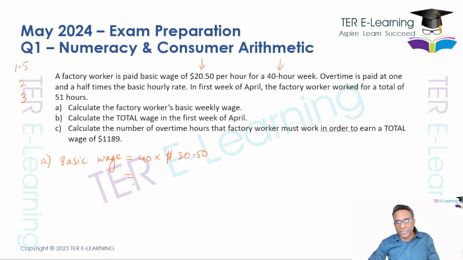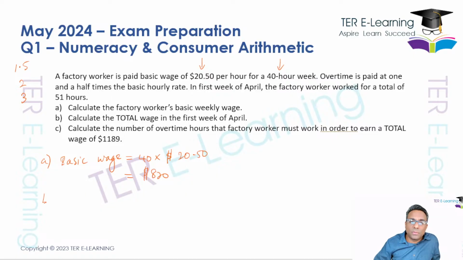That's going to give me 40 multiplied by $20.50, which is $820. So that's his basic wage on a weekly basis.